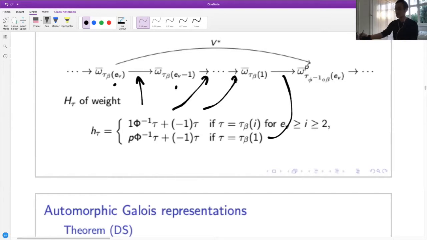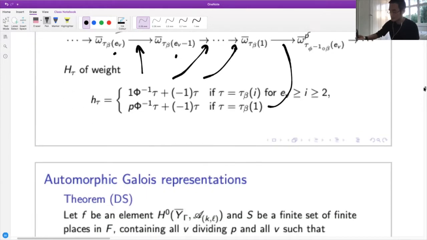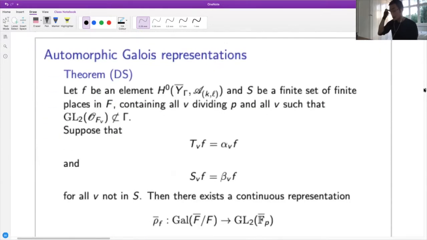all other cases. Okay. So the first theorem I want to advertise is the following. Let F be a mod P Hilbert modular form of weight k, l, no condition on k, l, parallel or not, of level gamma. As always, gamma is a level prime to P, sufficiently small, and let S be a finite set of finite places in F containing all the places v above P and all the places v that appear in the level.